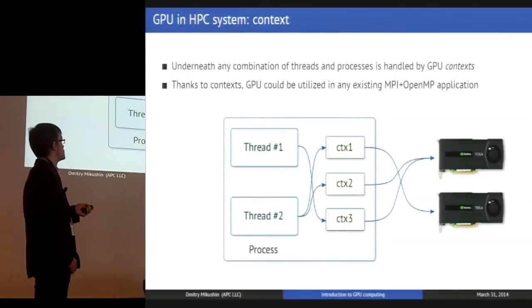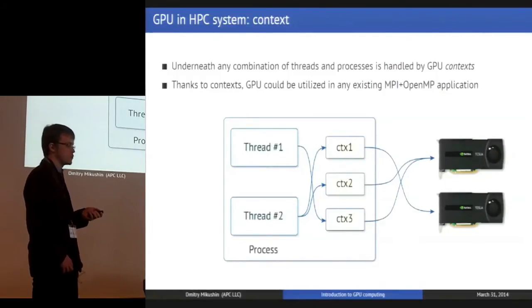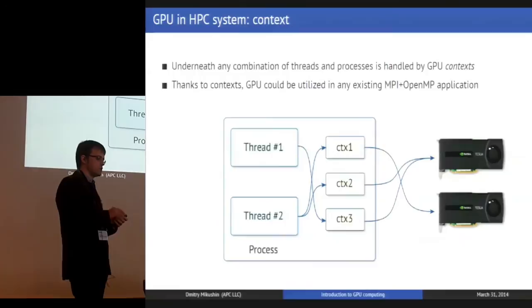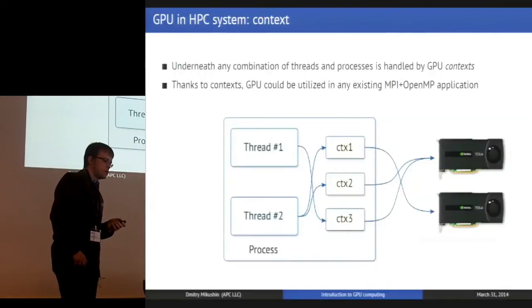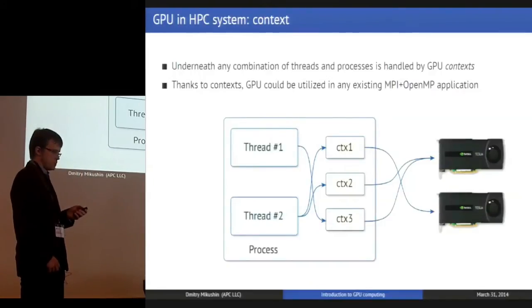As I said, in terms of internal technology, there are so-called GPU contexts, which can be switched from one thread to another thread, or from one process to another process, such that you can even reassign the GPU from one process to another.